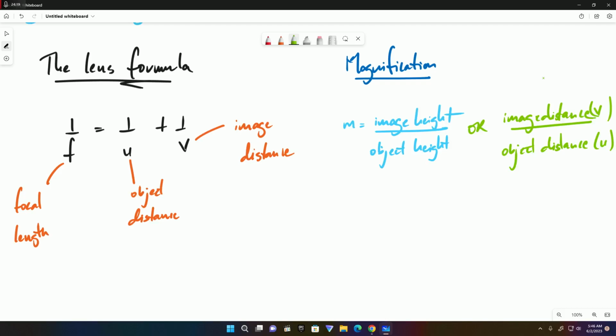Now, magnification is not a percentage. It's just a ratio of these terms to each other.